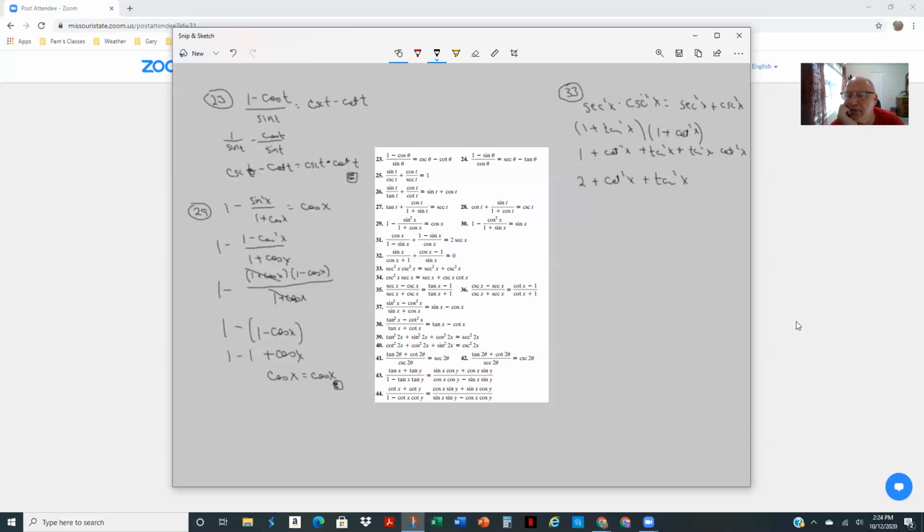So what do I do? Well, let's see, we got 2. Cotangent squared is going to be what? 1 over tangent squared of x. And then maybe I shouldn't do it that way. Maybe I want to look at this another way. I just saw something else.